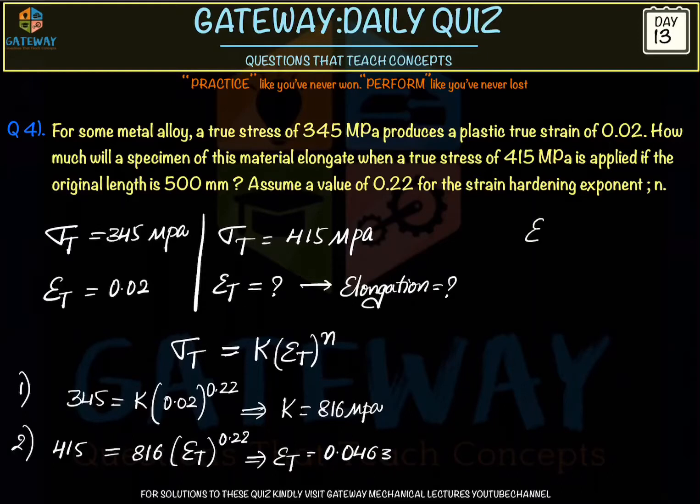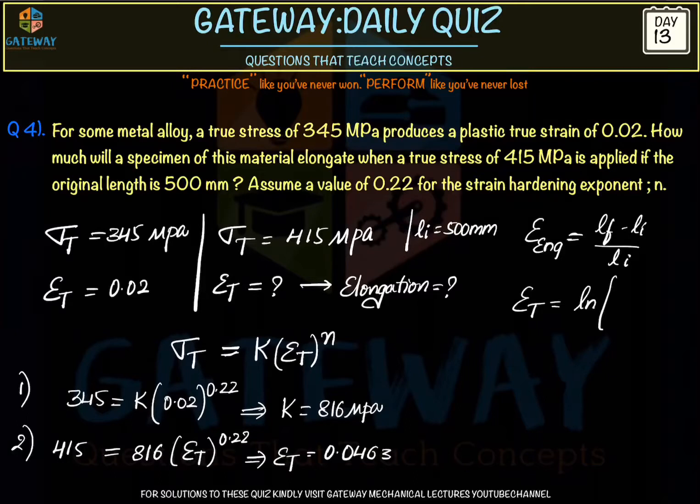We know that engineering strain is nothing but delta L upon L, that is, L final minus L initial upon L initial, and in the question L initial, the original length, was given as 500 mm. But for true strain, the relation is the natural logarithm of L final upon L original. There is also a derivation for this, but it is not that important now. True strain was obtained, and from this we need to calculate L final.